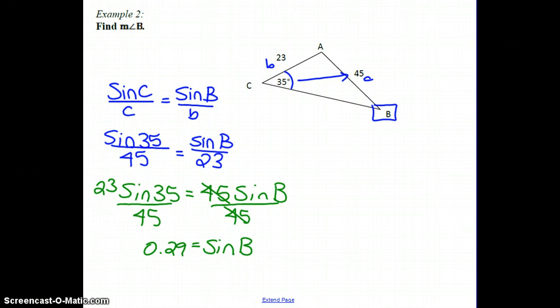Then you need to hit your second or inverse button on your calculator. So you'll go second sine, sine inverse of your 0.29. That will give you the measure of your angle B equals 17 degrees.